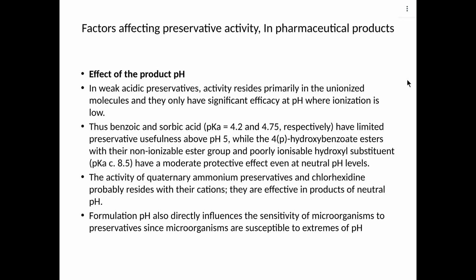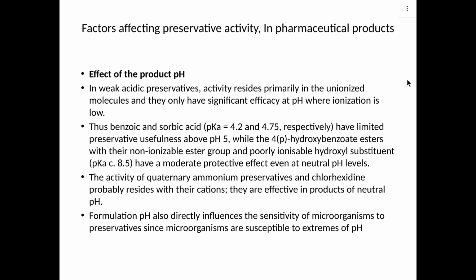That means that if your product is above a pH of 5 and you're using benzoic or sorbic acid, it will not be effective because at the point at which it is getting to the microorganism, it is ionized. Therefore, it will not be able to enter the microorganism.